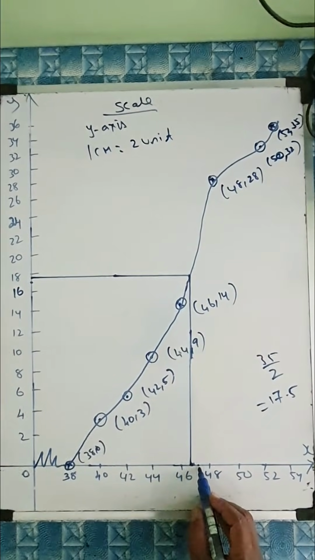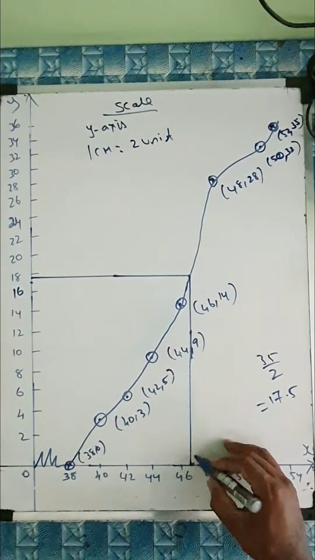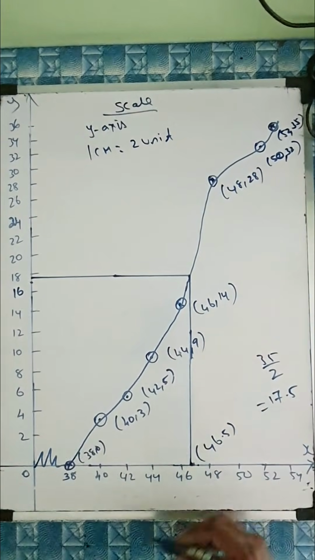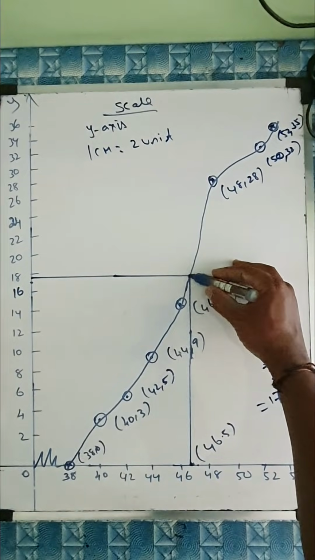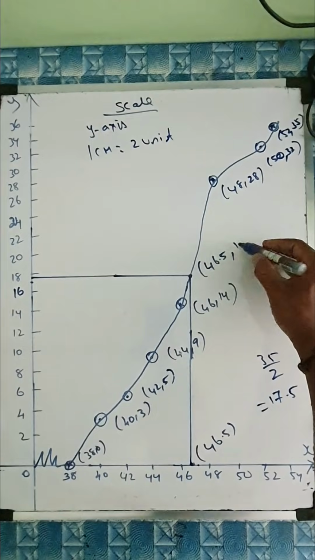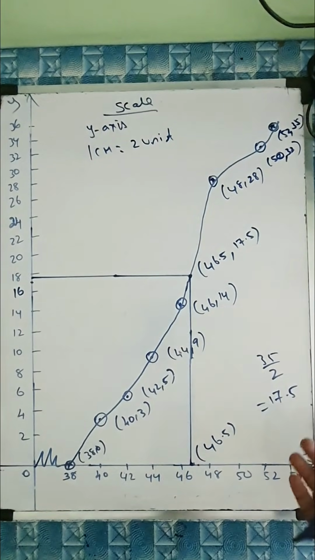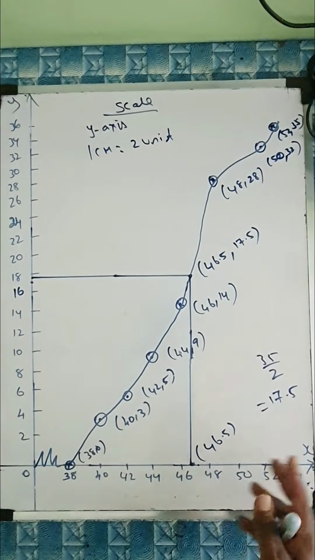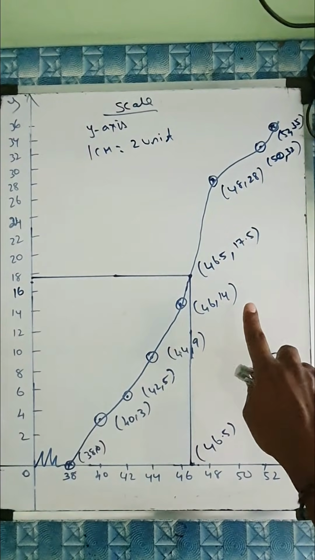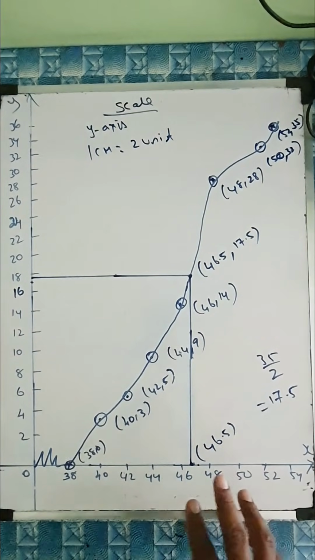This middle one is 47, and before it 46, that means 46.5. So this point is 46.5, and here is 17.5. So the median has to come as 46.5. By using the formula we'll check whether this answer is correct or not. When you took 17.5, it came 46.5, so now we are going to find the median by the formula.